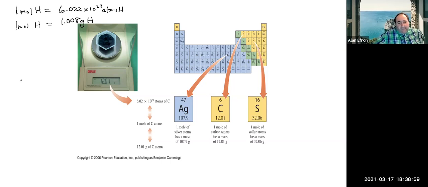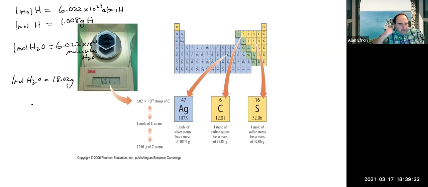You could also do that with the molecules that we talked about. 1 mole of water would have our 6.022 times 10 to the 23 molecules of water, while 1 mole of water, as we calculated on the previous page, would have 18.02 grams of water. So that is the relationship that we see.